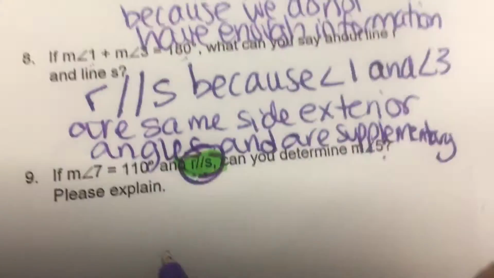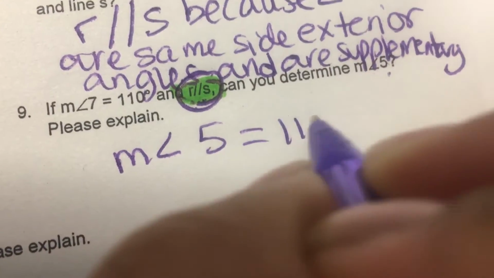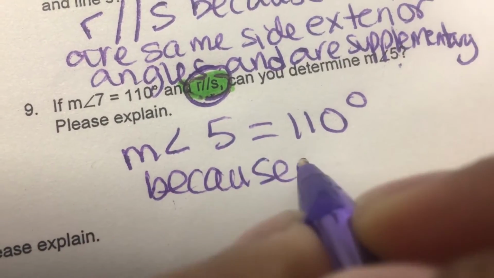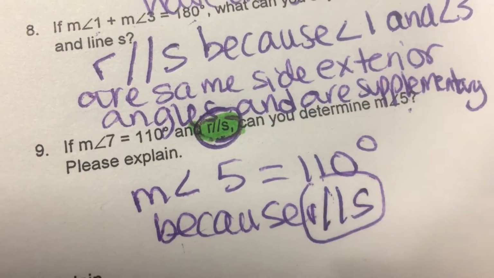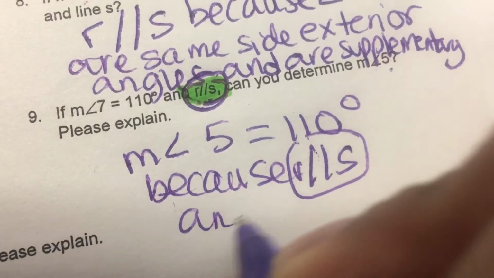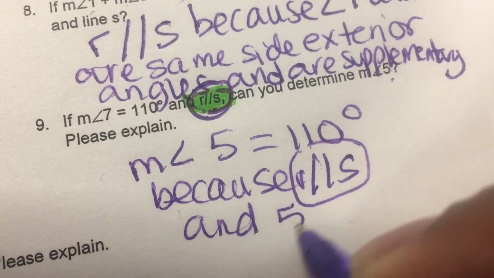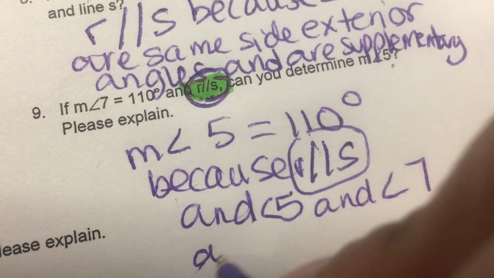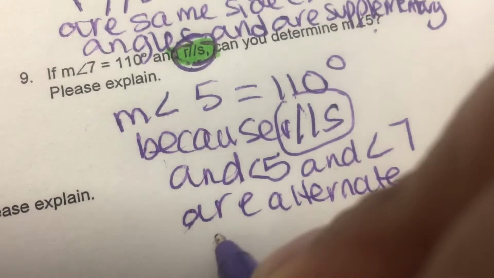So alternate interiors are equal. So you could say the measure of angle 5 equals 110 because, and here's the biggie, R is parallel to S, and angle 5 and angle 7 are alternate interior.